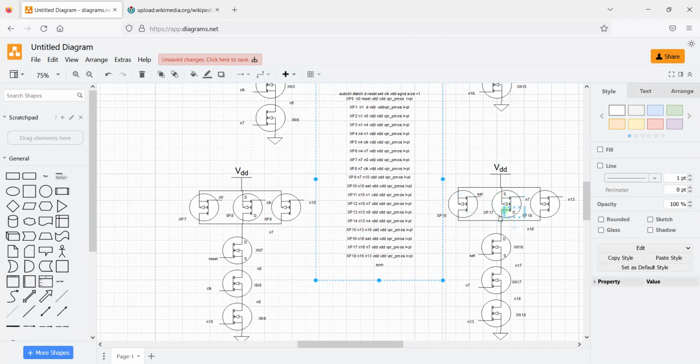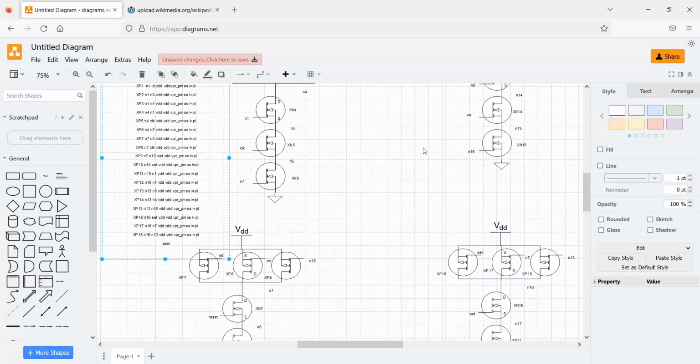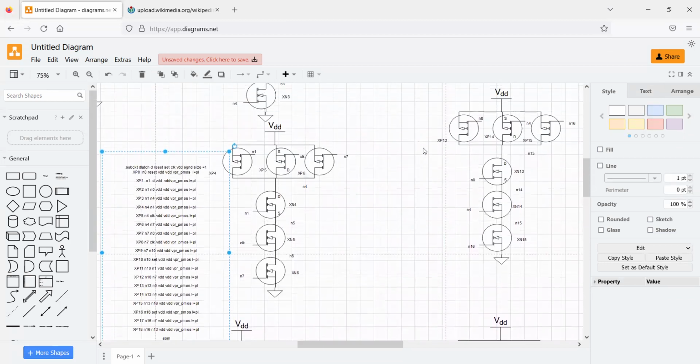And XP17, it goes from N16, N7, VDD. XP18 goes from 16 to N13, then to VDD. So now we have done all the PMOS. Let's go and check the NMOS.